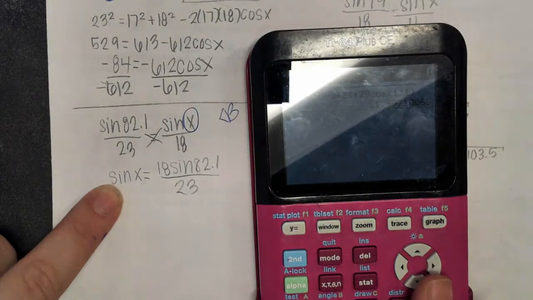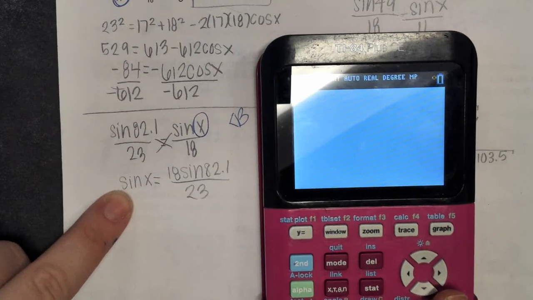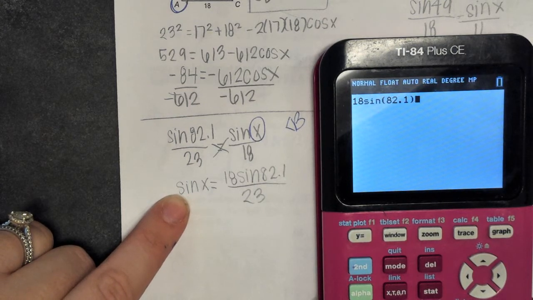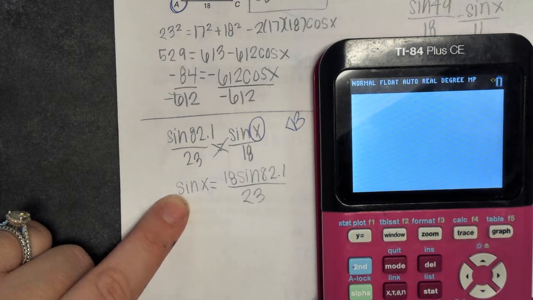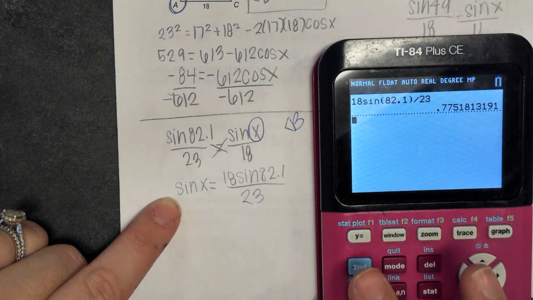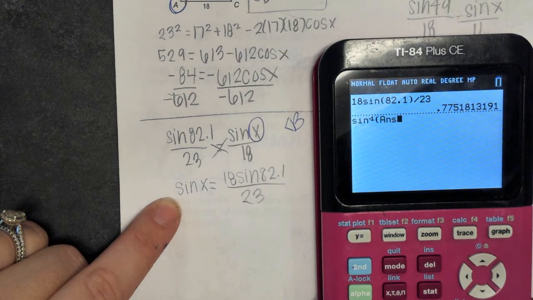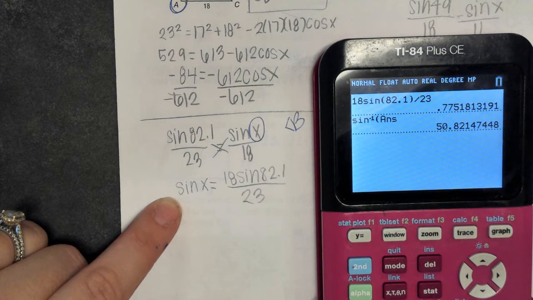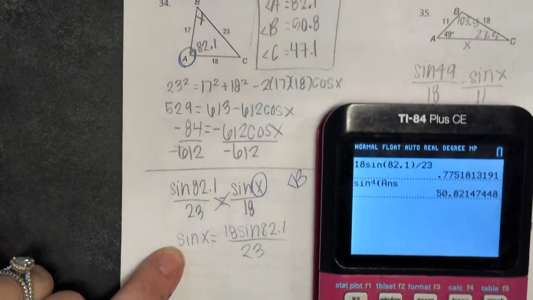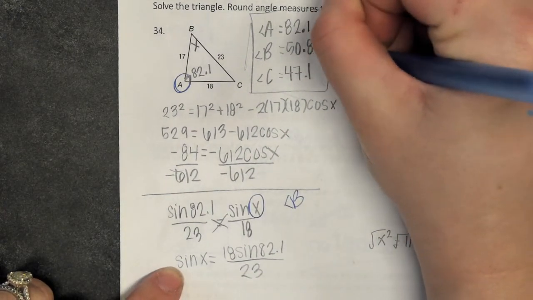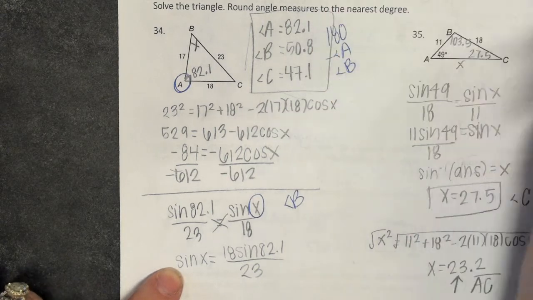Now, watch this, because some of us are messing this up. 18 sine 82.1, close your parentheses, divided by 23. Second sine, second answer. That's how I got my answer of 50.8. From there, you can find your third angle by doing 180 minus angle A minus angle B.